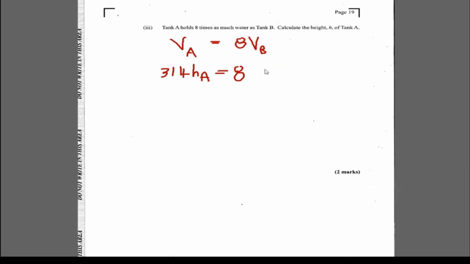So HA is really equal to 8 times 251.2, which is 2009.6, divided by 314. We're going to get 6.4 meters. All right, so that's it. So the height of tank A is 6.4 meters.